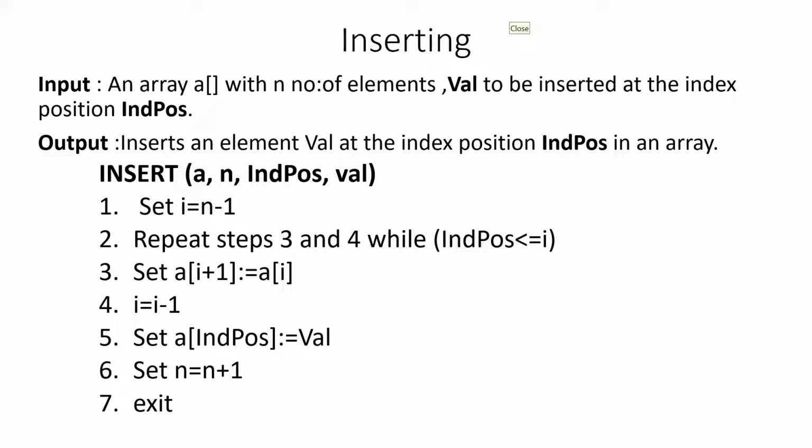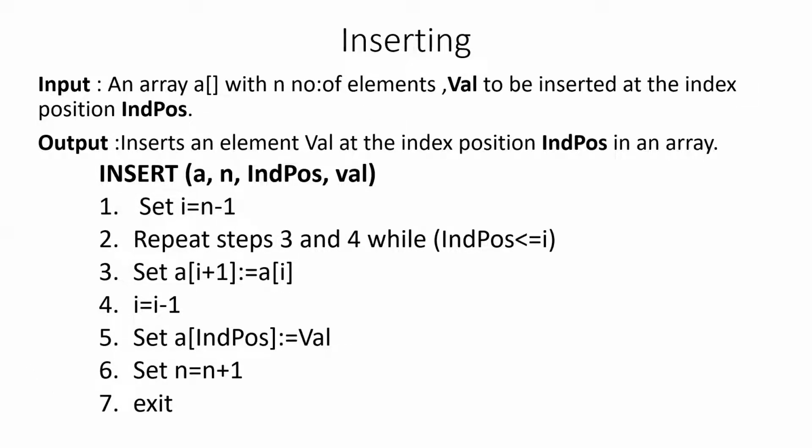So here, when you are inserting a new value, for that function call we will be passing the value to be inserted, the index position at which we have to insert the number, right? And the array, and also the number of elements present in the array.